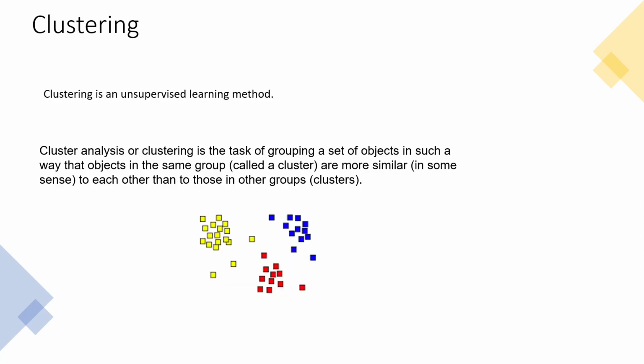So clustering is an unsupervised learning method, and cluster analysis or clustering is the task of grouping a set of objects in such a way that objects in the same group are more similar to each other. Okay, and these groups are called clusters. In this image, objects that are close by distance are clustered into the same group. Okay.